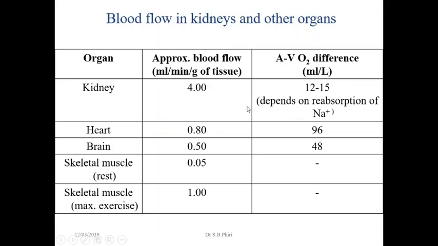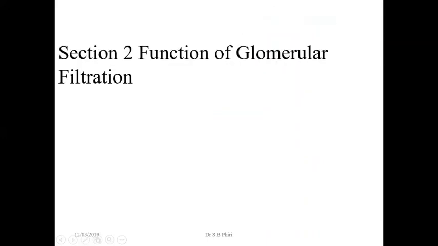But in the heart, if you look at the arterial-venous oxygen difference, it is about 96, meaning that the blood supply to the heart is mainly required for oxygen supply because it's being used there. Even in the brain, it's the same. Skeletal muscle is also the same. So just note that the blood supplied to the kidneys is not just required for oxygenation of those cells, but mainly for filtration, the cleansing of blood from the waste products.